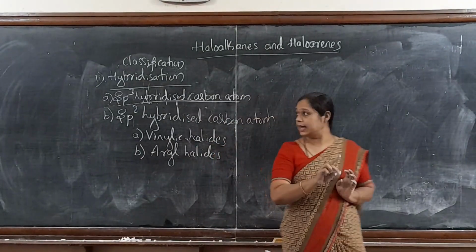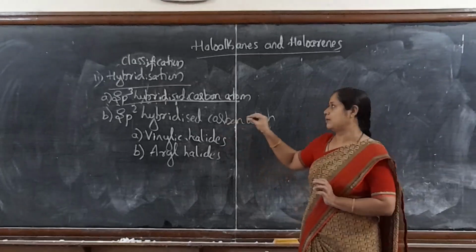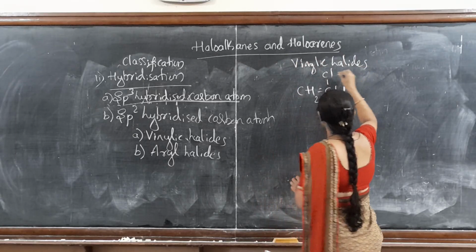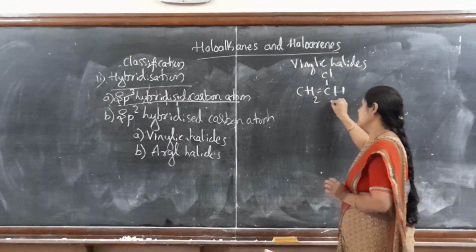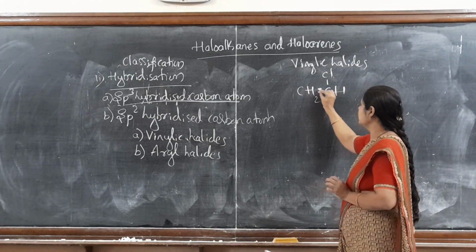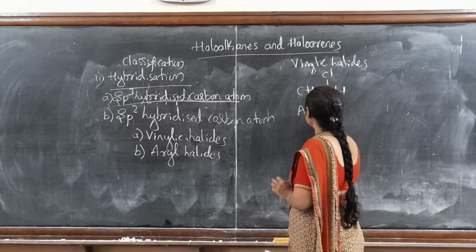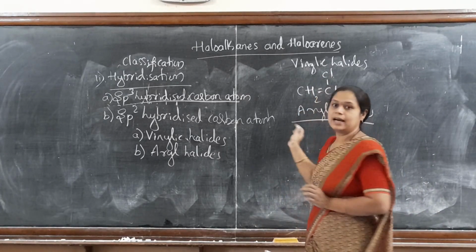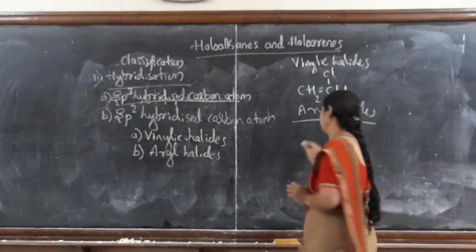Here the halogen atom is attached to an sp2 hybridized carbon. In vinylic halides, you can see the halogen atom is attached to an sp2 hybridized carbon atom, which contains the double bond here. Next are the aryl halides, where the halogen atom is directly attached to the aromatic ring.